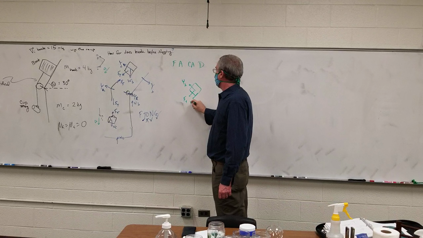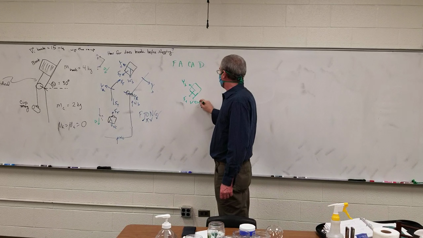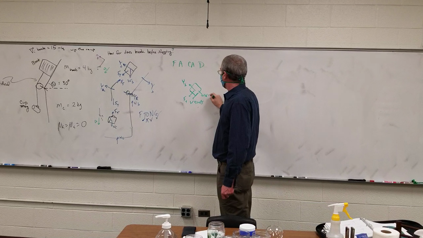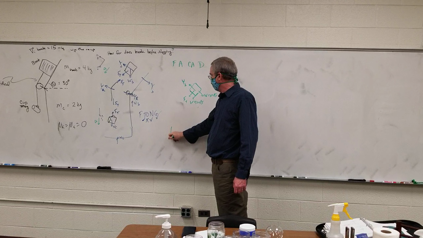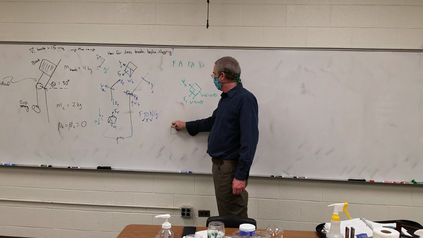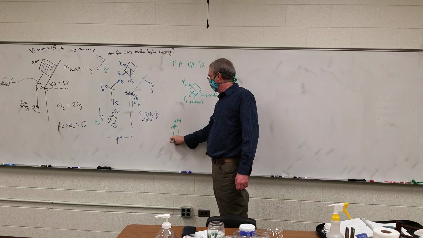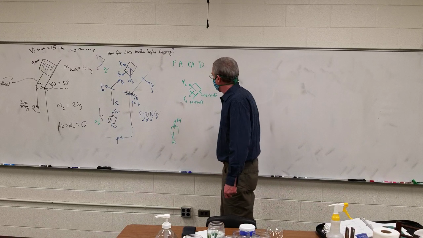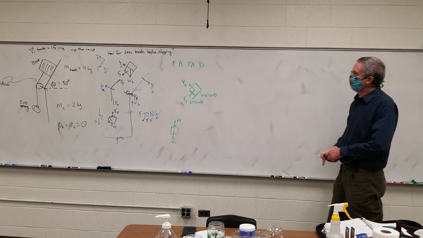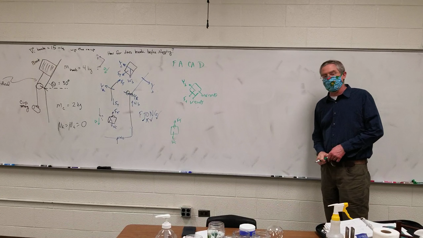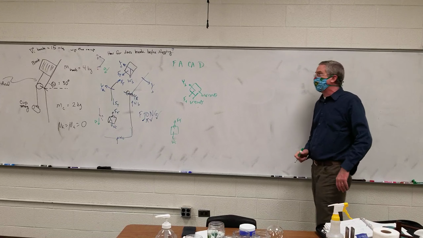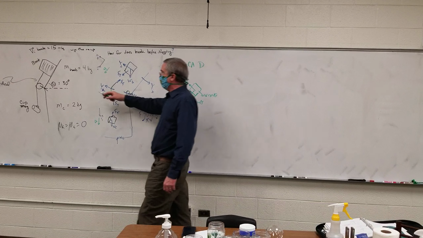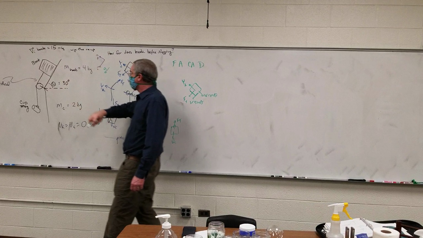We'll have W sine theta acting down the ramp, W cosine theta acting into the ramp. And then for the cup, which now looks a whole lot like a box, we still have tension acting up, weight acting down. And this is what I mean by we can just jump straight to sine theta's down the ramp, cosine theta's into the ramp, because I gave the angle with respect to the horizontal.